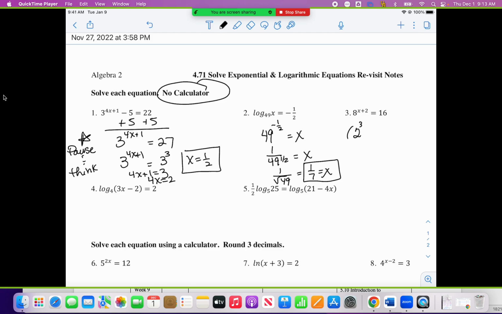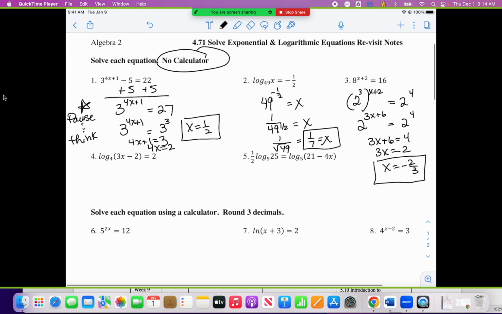So I get 2 to the third to the x plus 2 equals 2 to the fourth. I multiply my exponents. The bases are the same. I get x equals negative 2/3. I want to stop and think. This is exponential. Exponentials are negative infinity to infinity, so I don't have to check answers. That's okay.